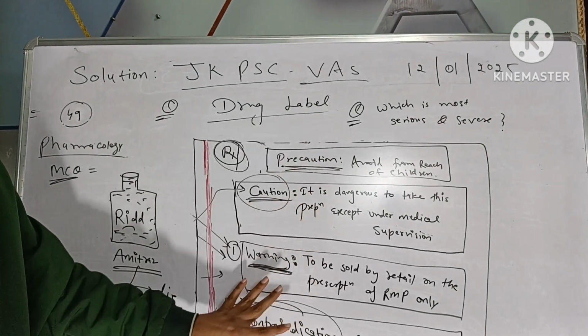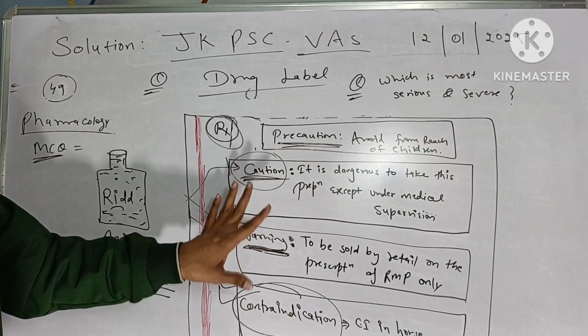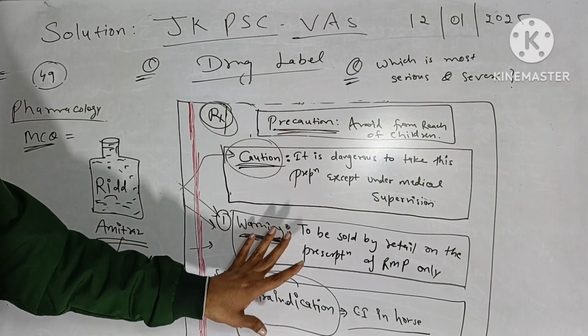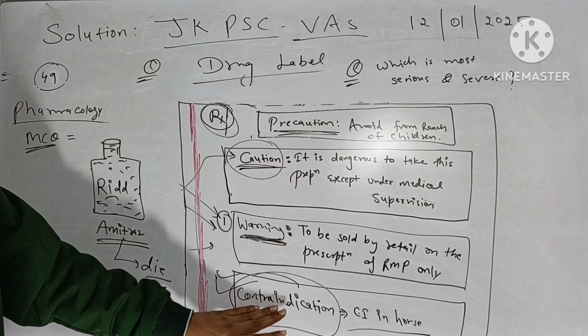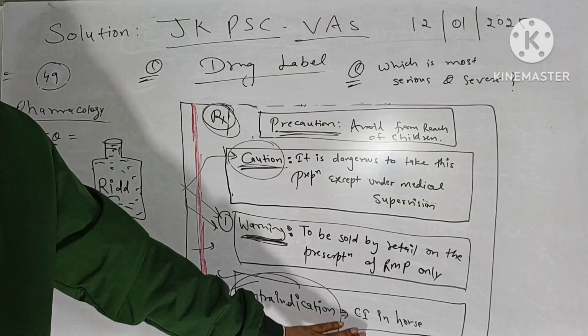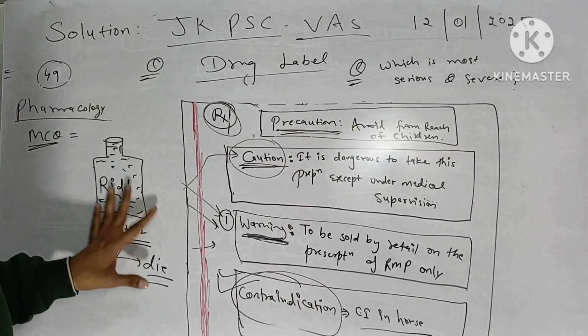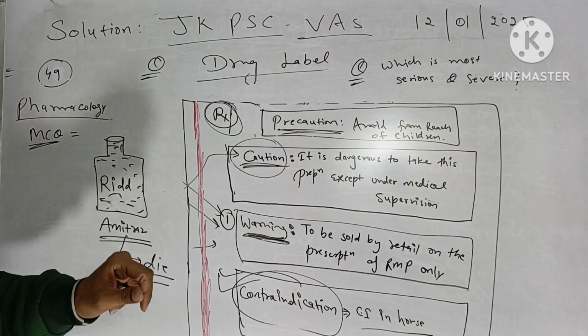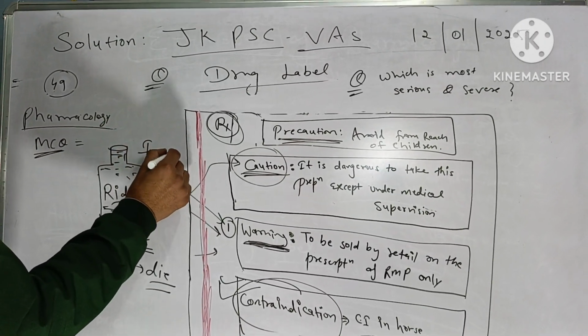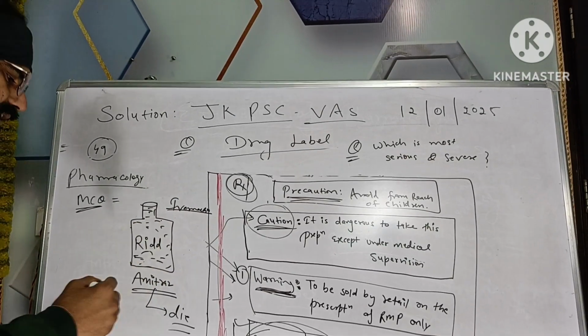Although all four are not written on the label, they are asking which one of these four is the most serious. So contraindication is the serious one, so we cannot apply amitraz in horses. Similarly, if it is ivermectin, then what is the contraindication?